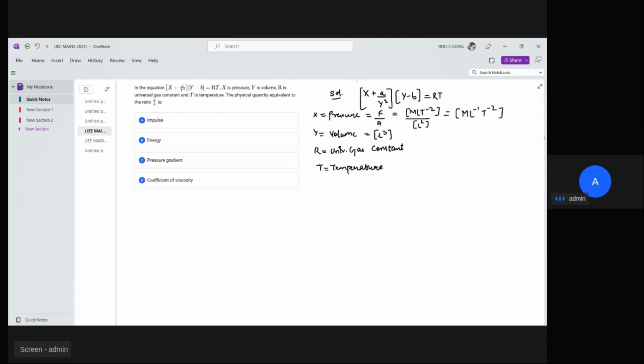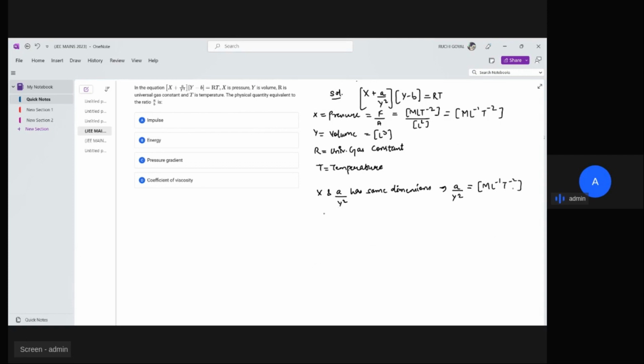So firstly, we will find X and A by Y square have same dimensions. Okay, we have studied the principle of homogeneity. These two quantities have same dimensions. So we can find A by Y square is equal to M L minus 1 T minus 2, right?